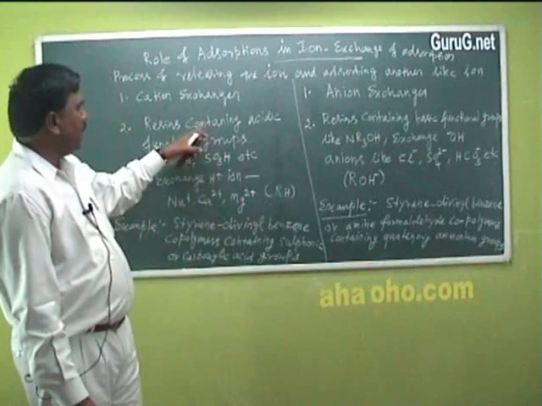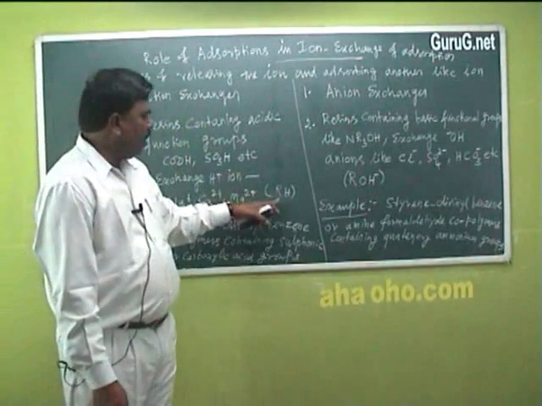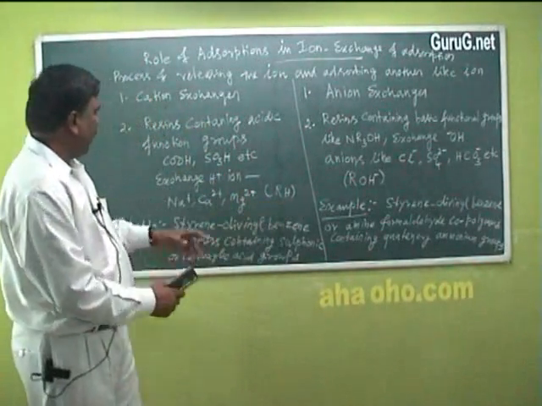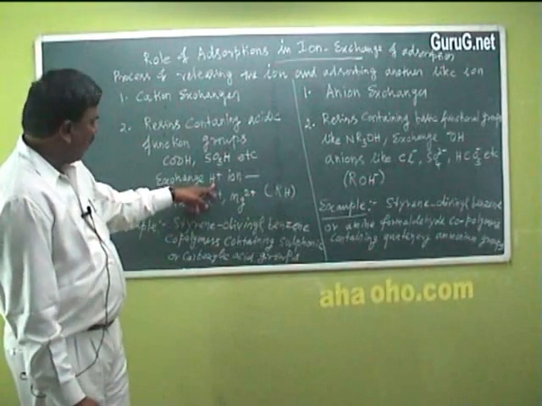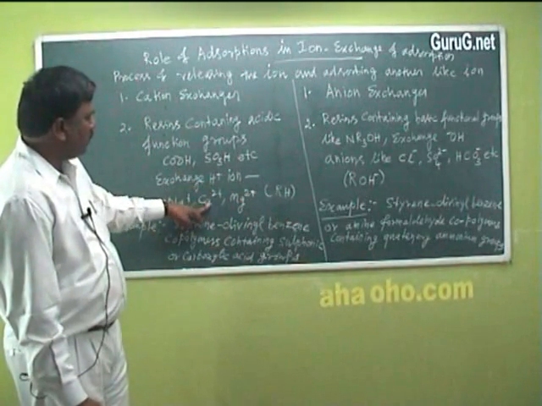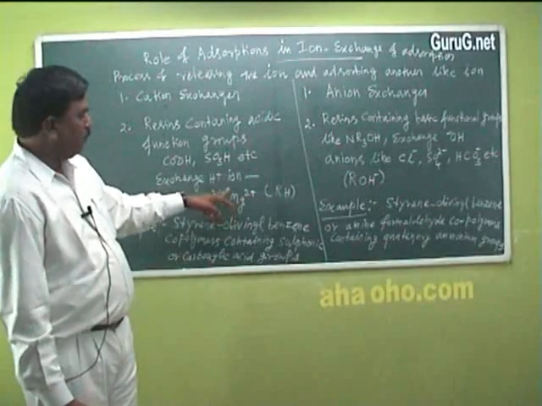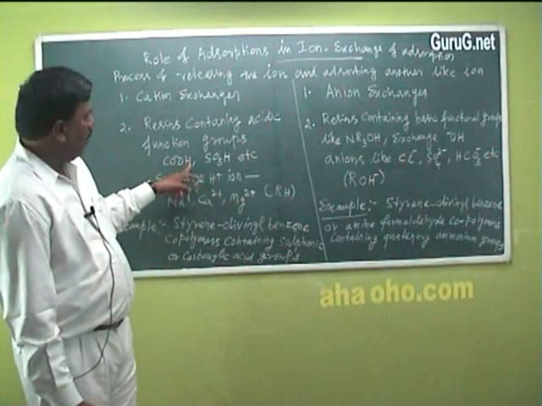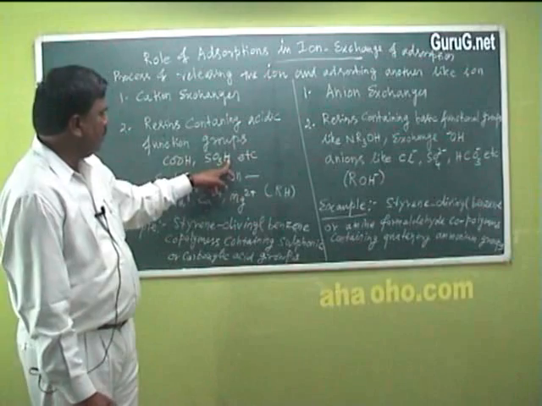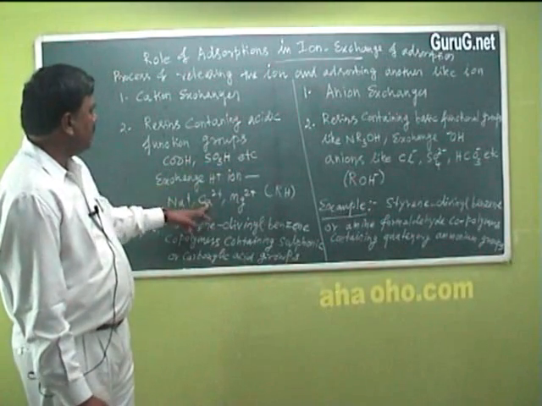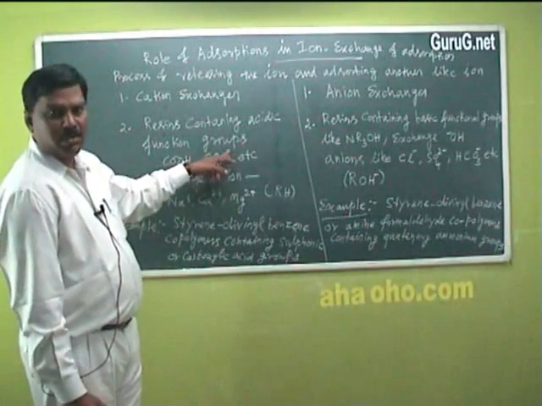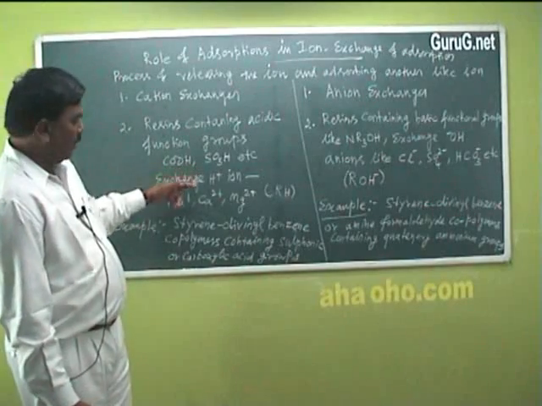So the cation exchanger is represented by RH. The H plus from the acidic functional group will be replaced with Na plus, Ca2 plus and Mg2 plus. This is called a cation exchanger.